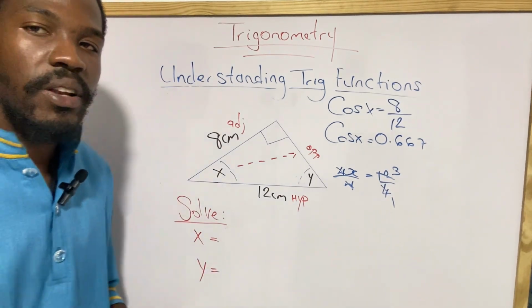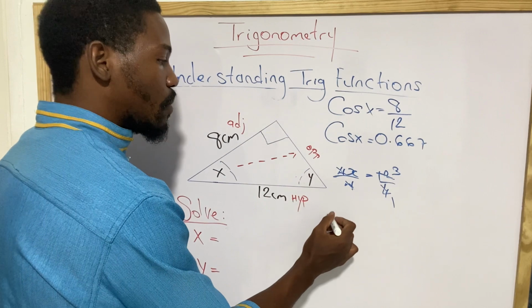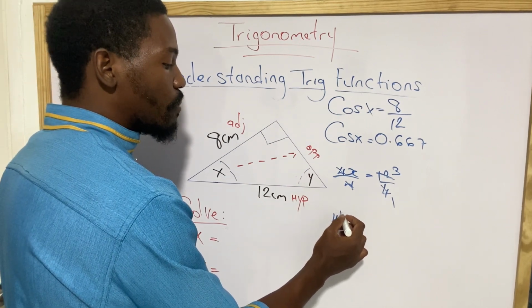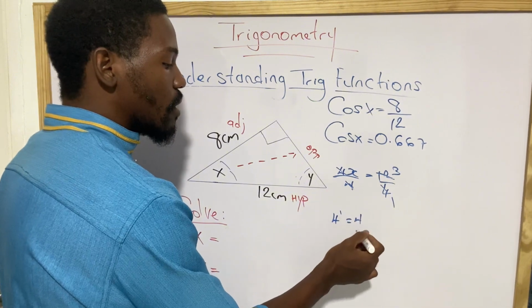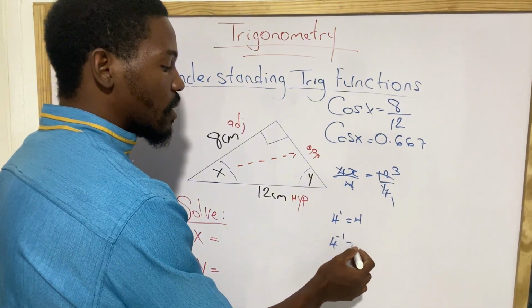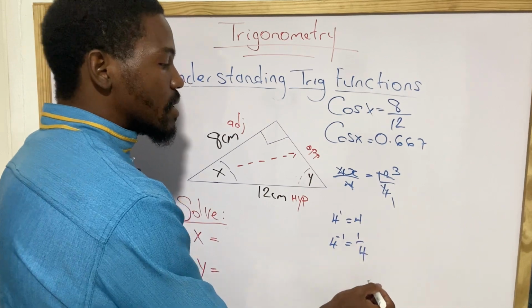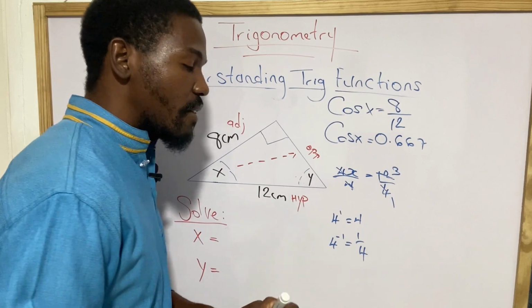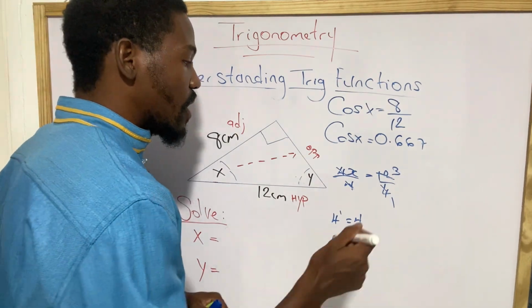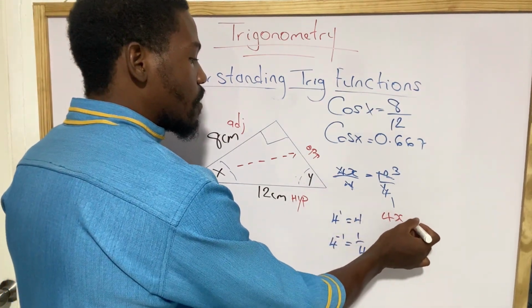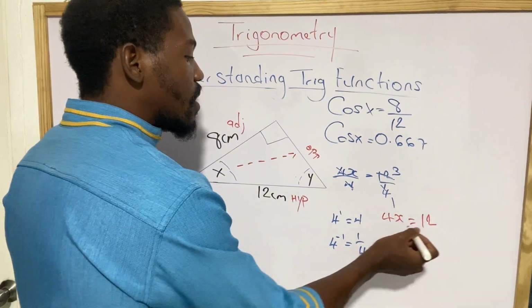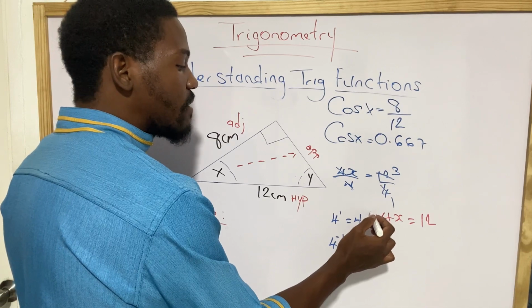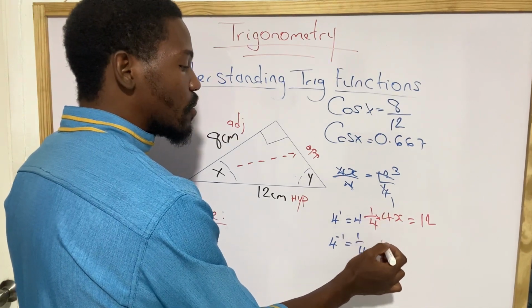Now, we could have looked at that a little bit differently. This 4 right here is always 4 with a power of 1. That's just equal to 4. But 4 inverse equals 1 over 4. So technically, when we're solving for x in the case of 4x equals 12, all that we're doing is multiplying both sides by the inverse of 4, which is 1 over 4.